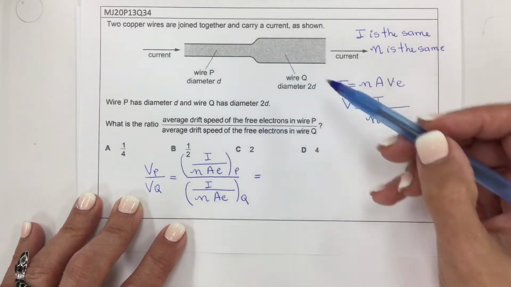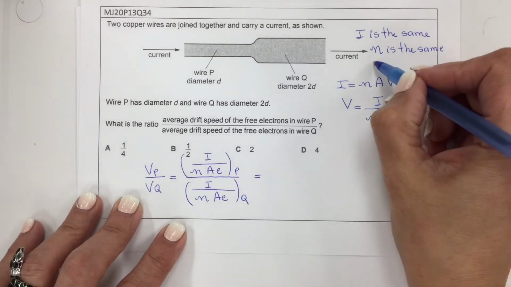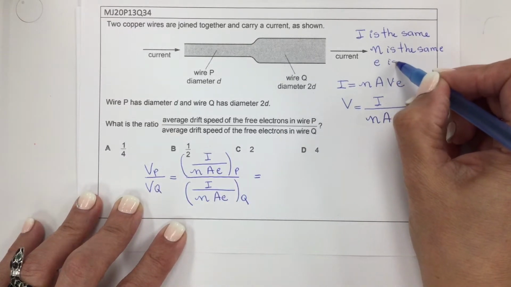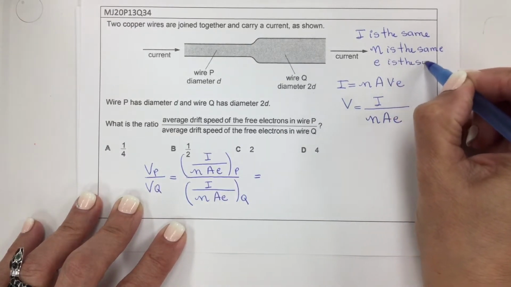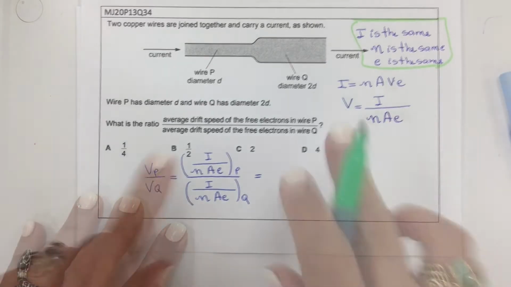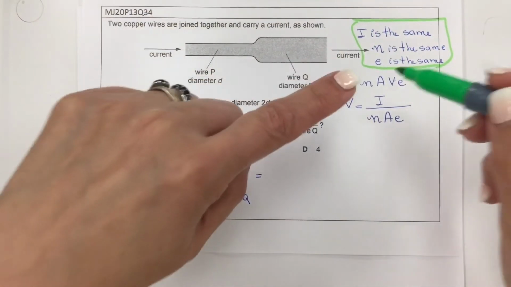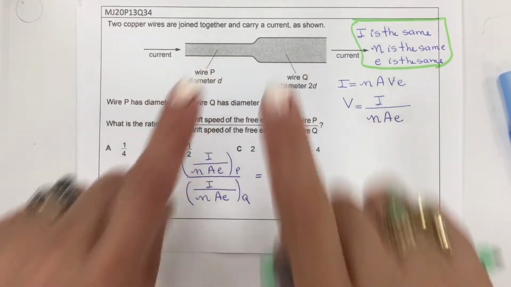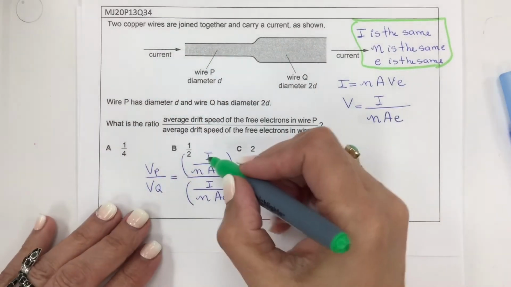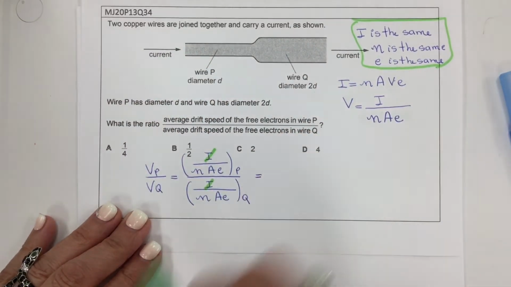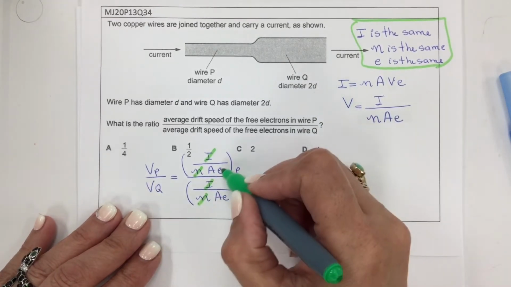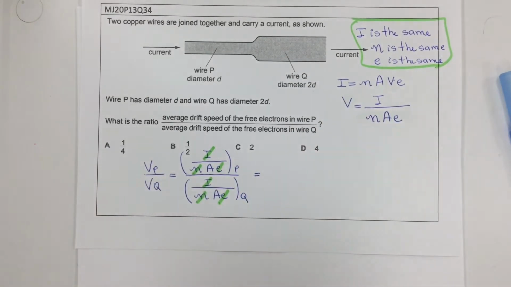And the charge of an electron, E, is also the same. Because of that, I, N and E are the same on both wires. I'm going to cancel them here.